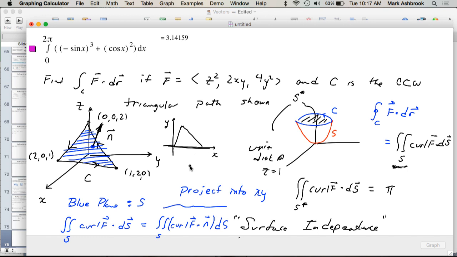I'll leave you to practice that one. It wouldn't be a bad idea to verify that, but if it just asks you to find that line integral, all you'd have to do is the surface integral of the curl. And then you're using Stokes' theorem. You say by Stokes' theorem, it's equal to what we wanted.